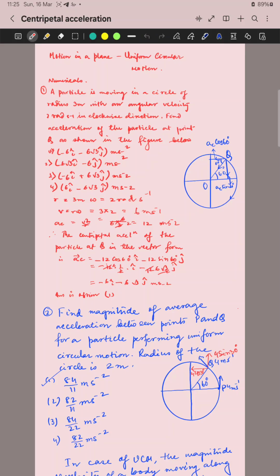Now with the help of these numericals we will see in how many different ways we can find the tangential acceleration and centripetal acceleration based on the conditions given in the numericals. So let's begin.